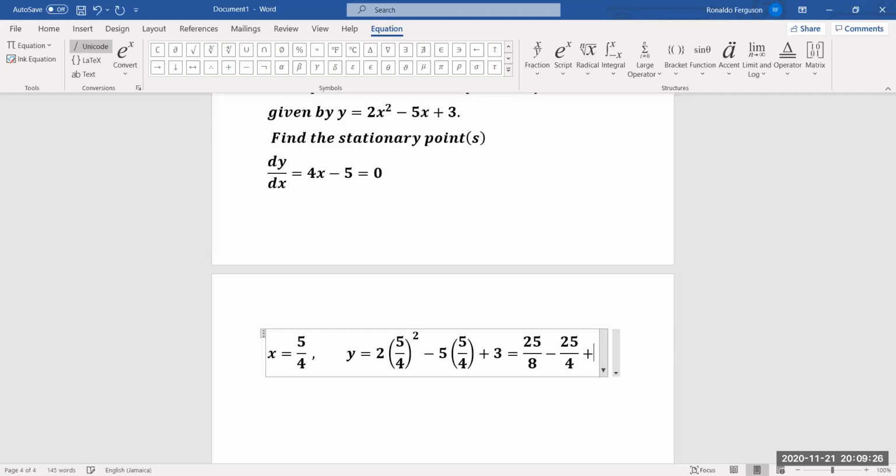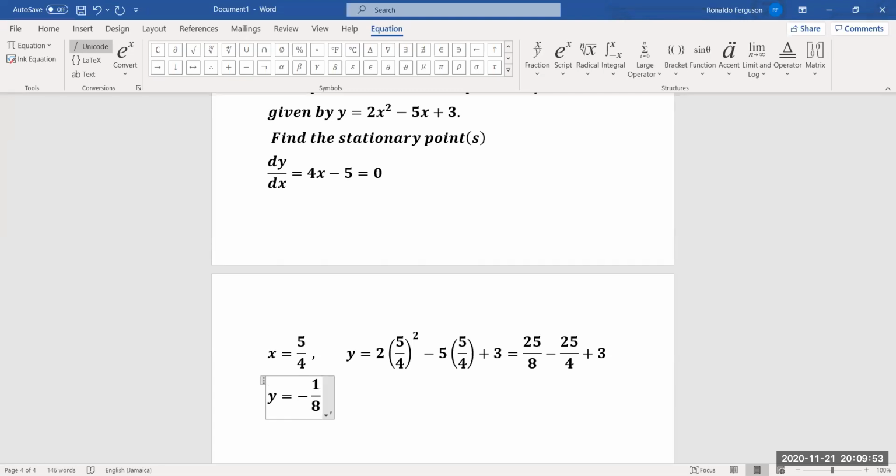So add those now and tell me what you get. Negative 1 over 8. All right, so that's y.